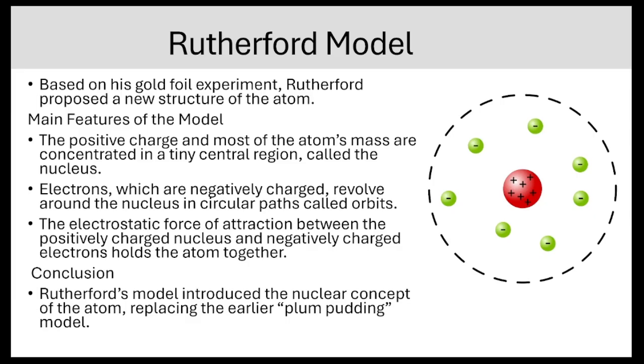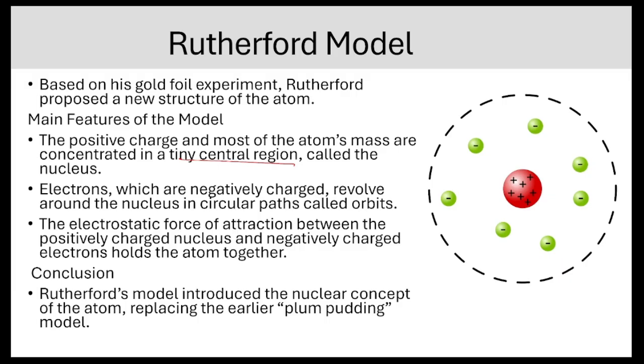The key features of this Rutherford model are that the atom has a tiny central region called the nucleus, and within this nucleus, virtually all the mass and all the positive charge are located.